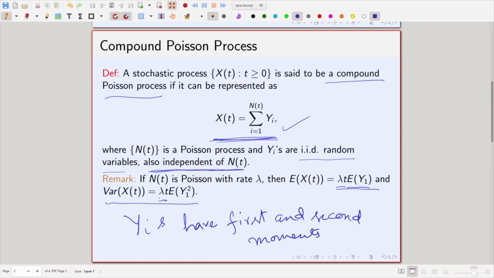You can think of it as the variance of N_t, because N_t is Poisson with parameter lambda t, so its mean and variance are the same, lambda t.